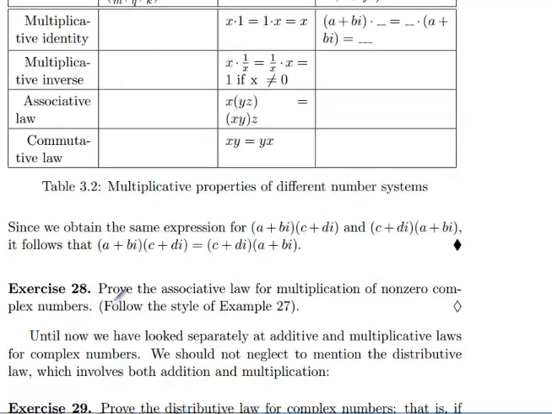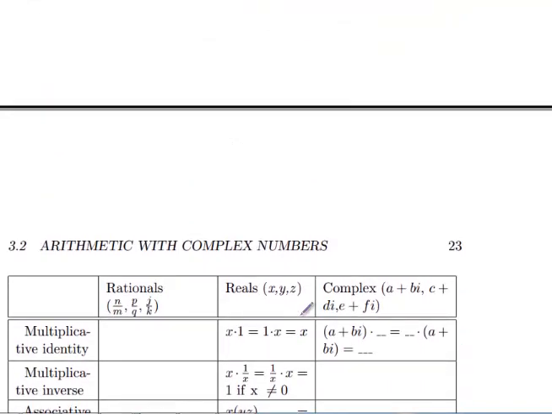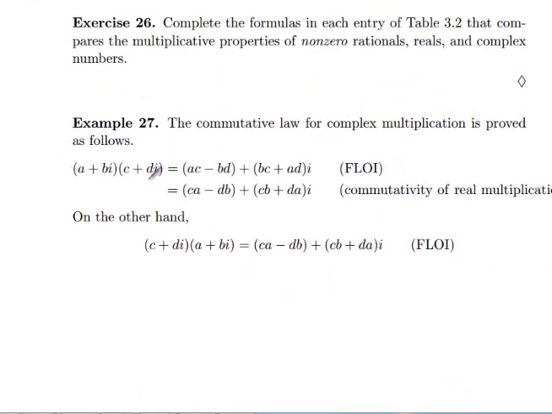And here's a proof we ask you to do for complex numbers. And we do give you an example 27. Now notice in example 27, for every step we have a justification. Sometimes we're using properties of real multiplication.